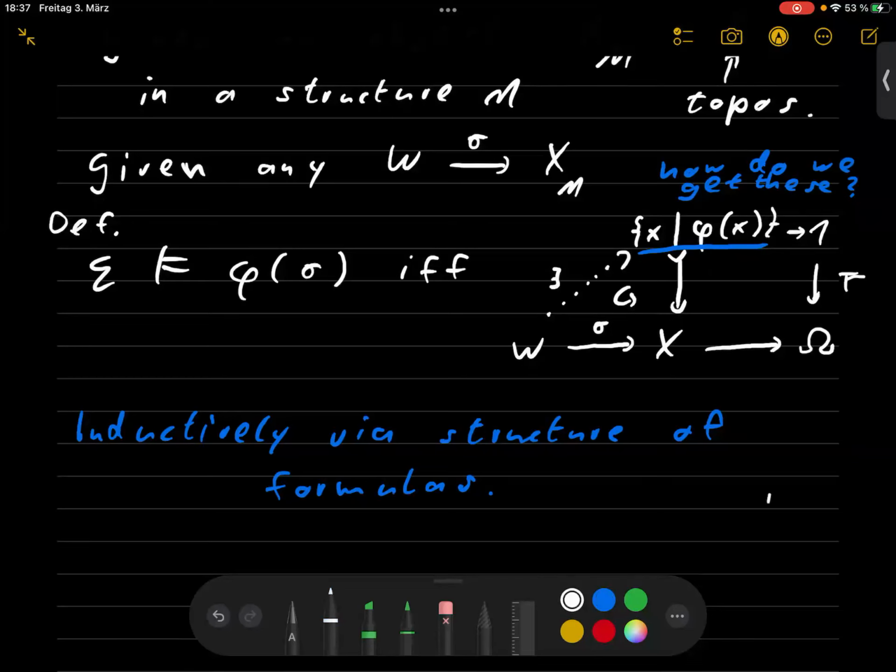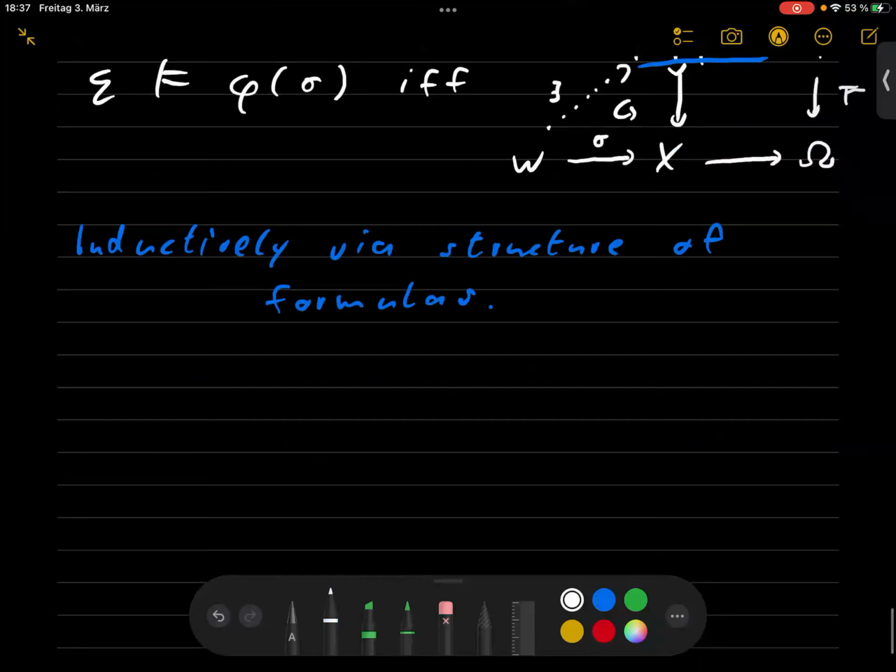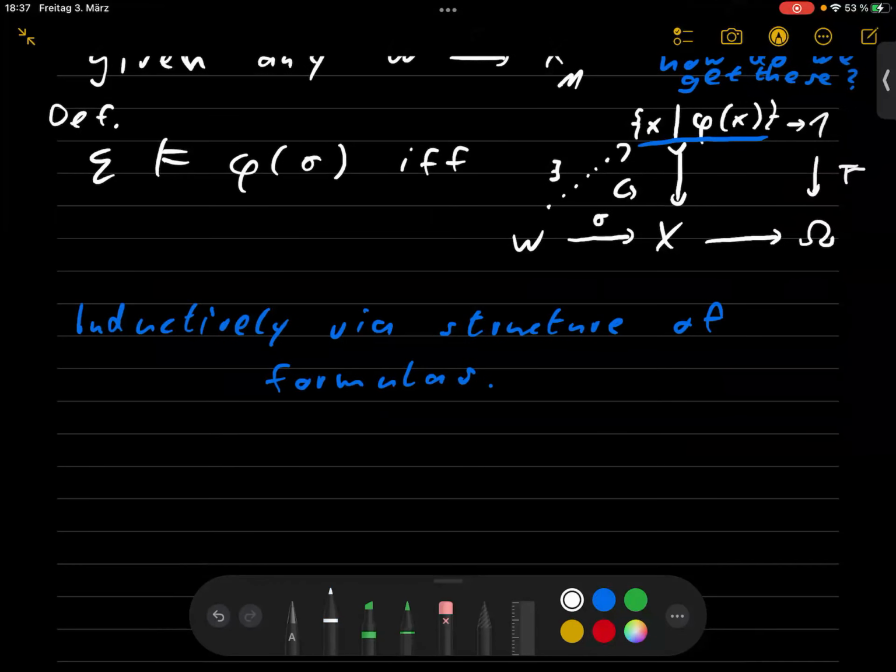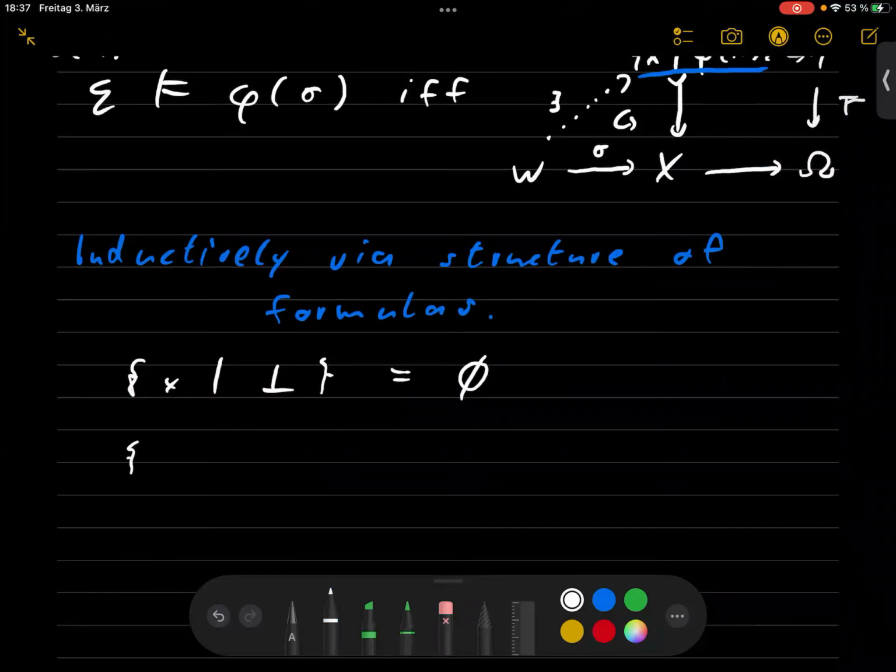So what we do is we interpret the subobject where falsity holds: this is just the initial object. Then the subobject where truth holds is the whole of X, with the inclusion being the unique one here, and here the identity.